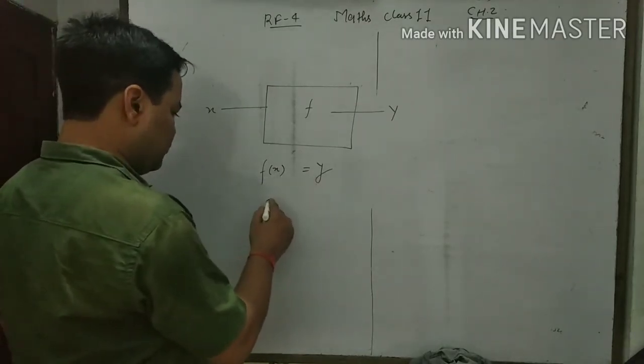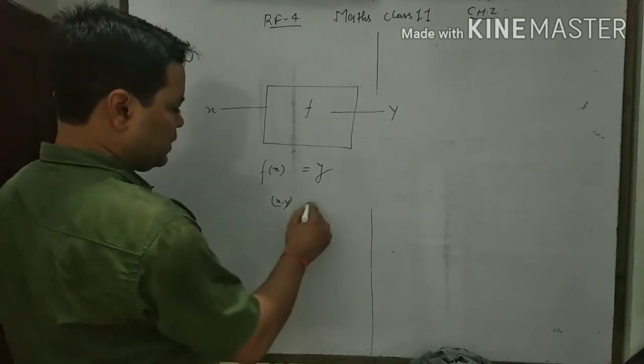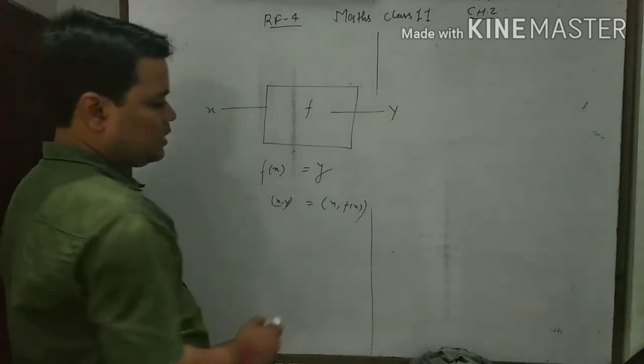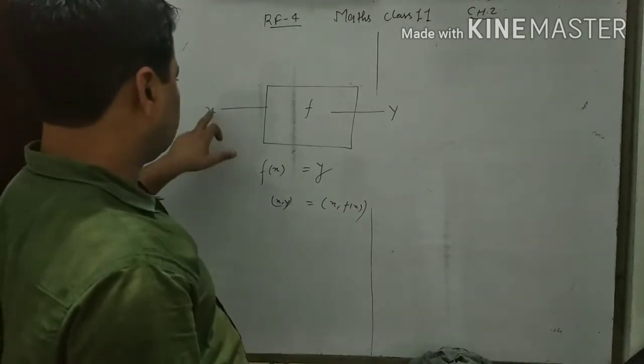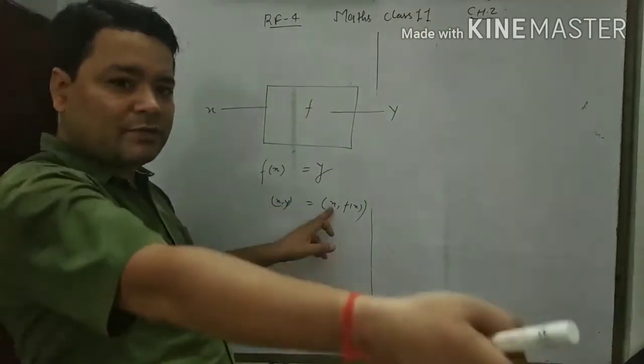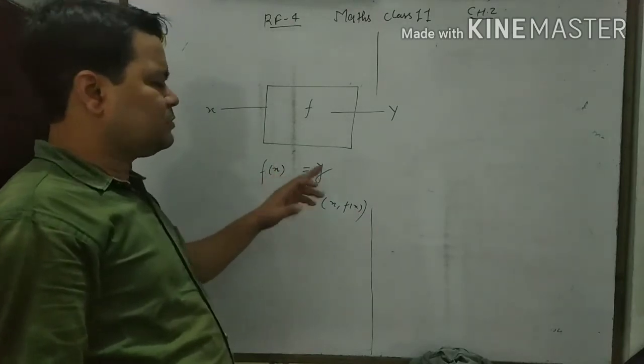If we have here x, y, then we can write x, f(x) also. It means x is related to a unique element of y, that is f(x). Y is equal to f(x) means what?